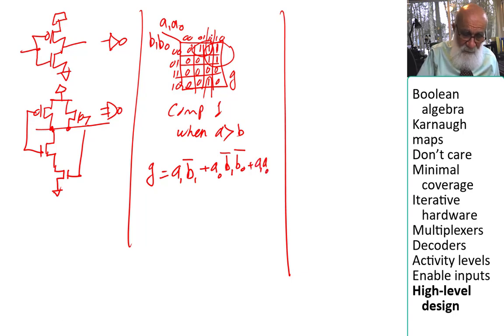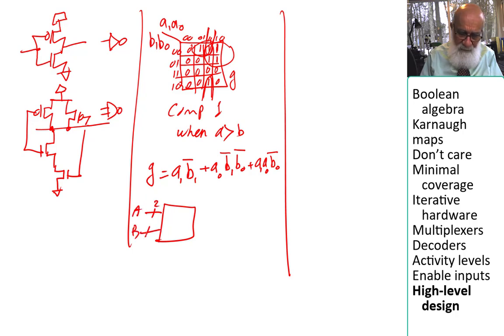I'm talking about this map here. So nice, I was able to build a comparator that has a 2-bit input for A, a 2-bit input for B, and a G output.